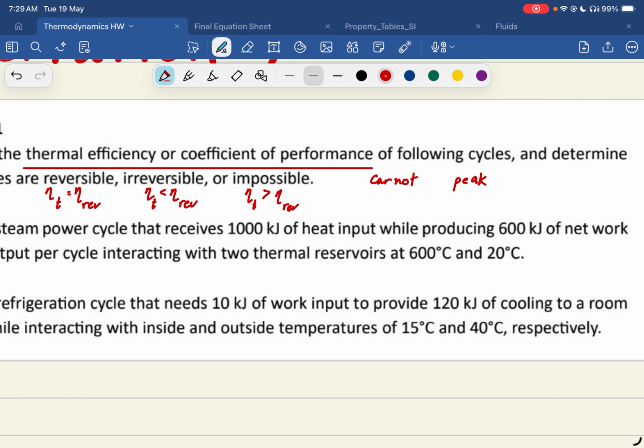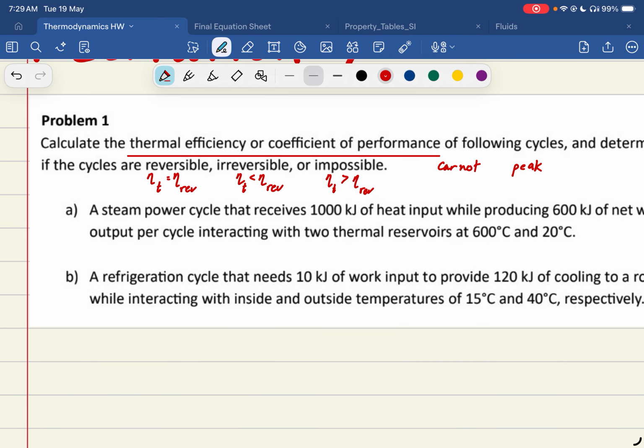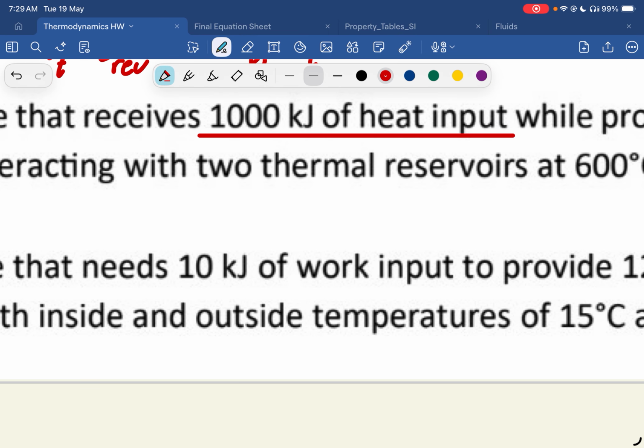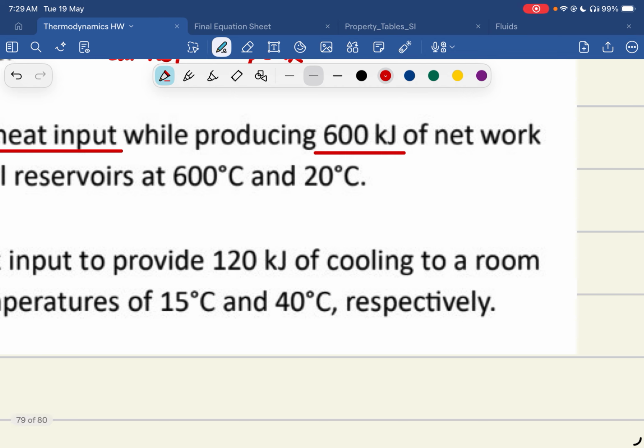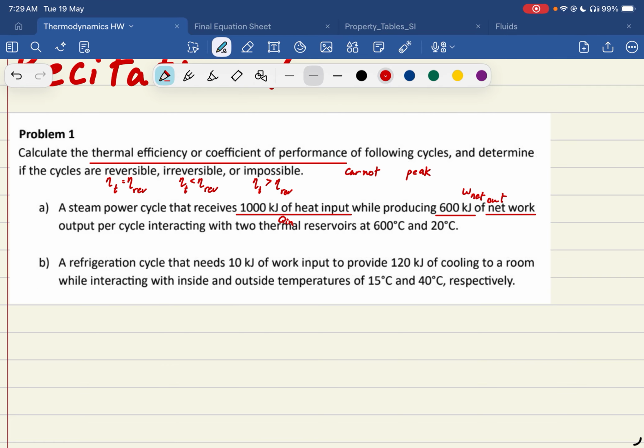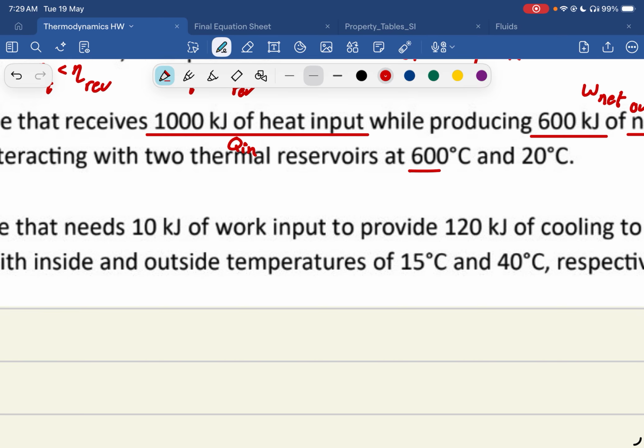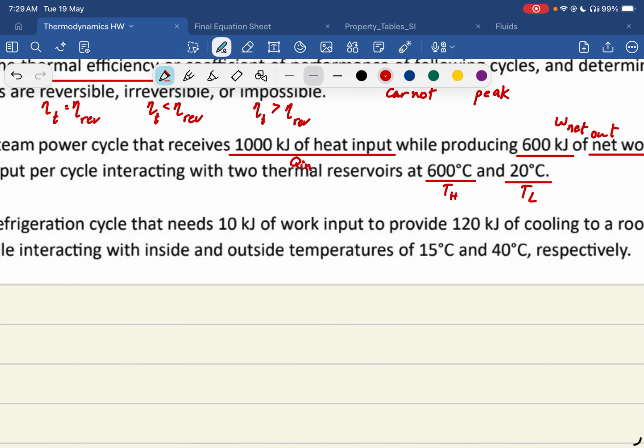Looking at this, we have a steam powered cycle that has 1000 kilojoules Q in, and it produces 600 kilojoules of work out. And we have two thermal reservoirs, this is TH, T high, at 600, and this is T low, at 20.